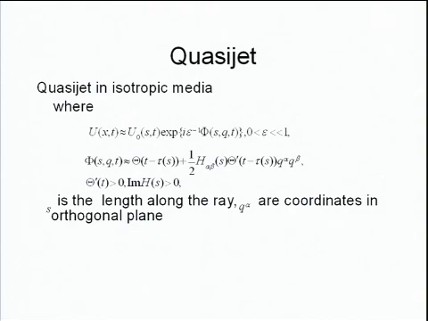If you look at the quasi-jet, it's somewhat more complicated. For example, how do we usually construct the quasi-jet solution in some media? This is the form of the quasi-jet solution written here. There is also a quadratic form, a complex valued quadratic form, whose imaginary part is positive. But there are some variables.